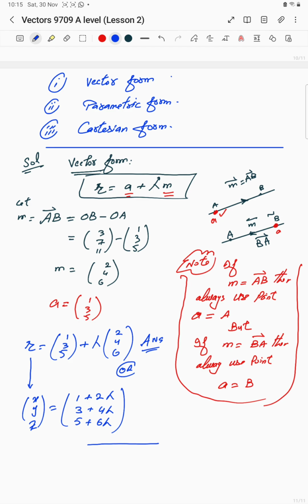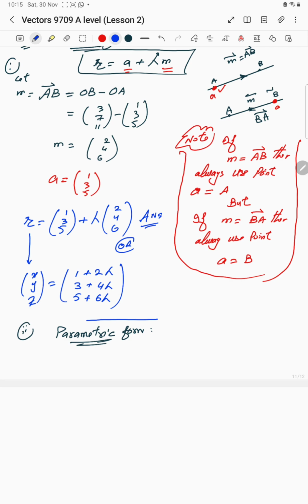Now we need to change that into parametric form. For parametric form, we will proceed by comparison. From the result in vector form, we will just compare each coordinate: x is equal to 1 plus 2 lambda, then y equal to 3 plus 4 lambda, and z is equal to 5 plus 6 lambda.